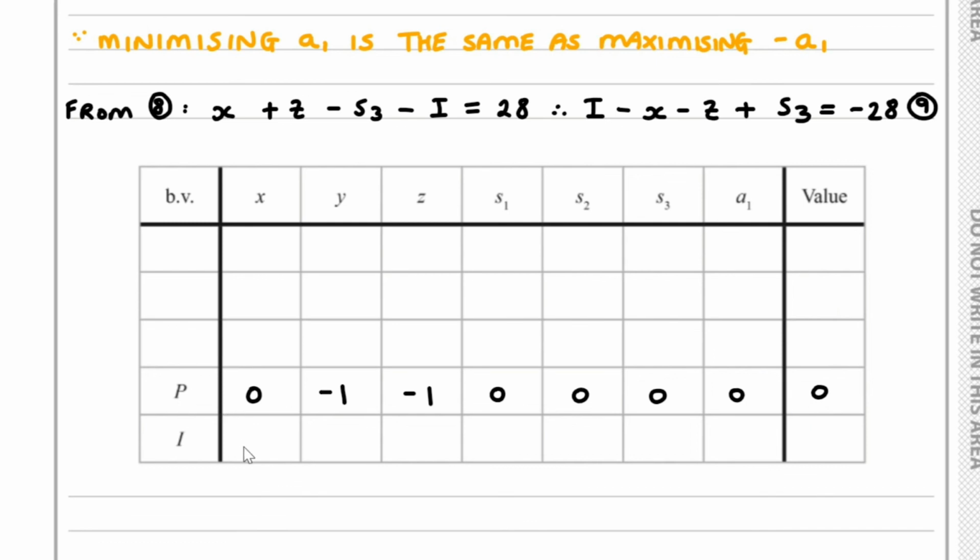And if I take a look at my I equation, I've got 1i minus 1x, 0y, minus 1z, and then I've got 1s3, this is equal to minus 28, so I've got zeros here, here, and here.